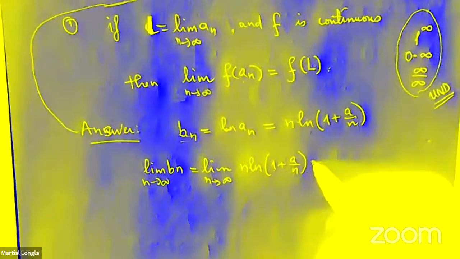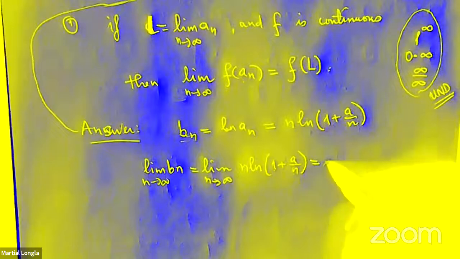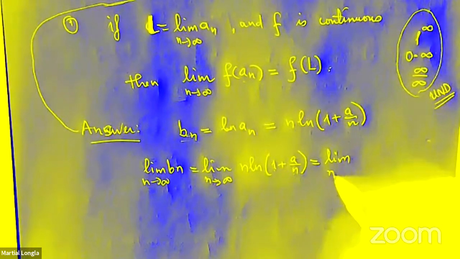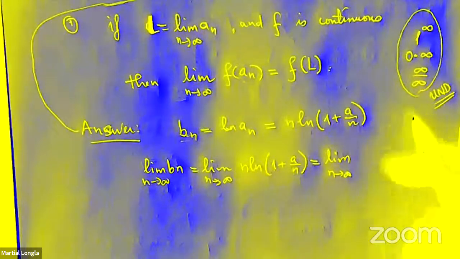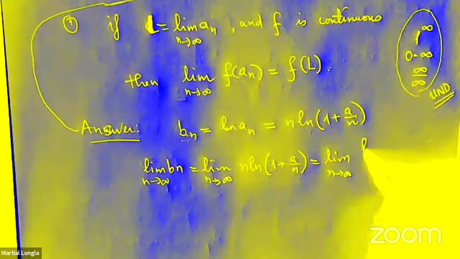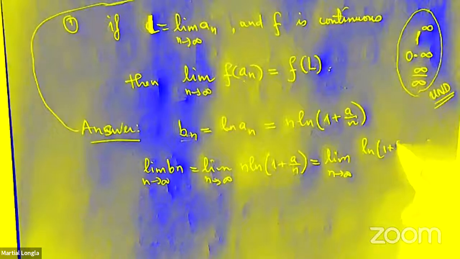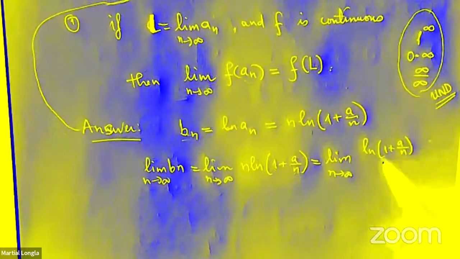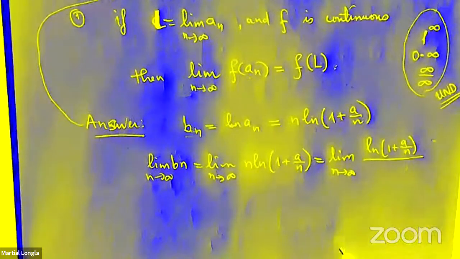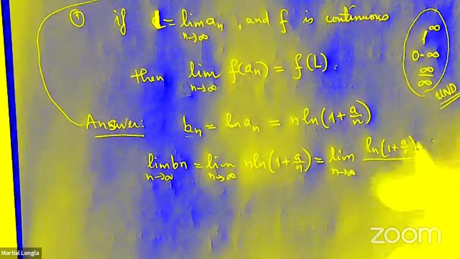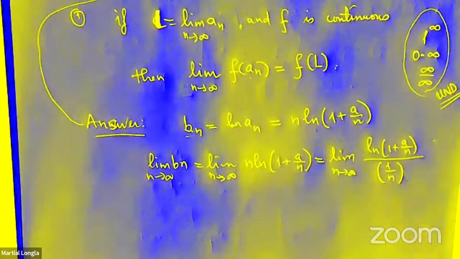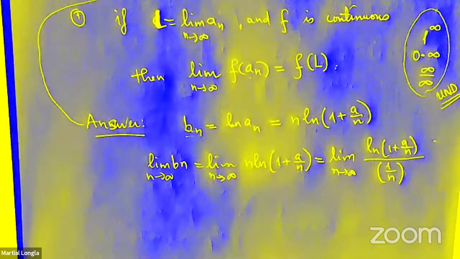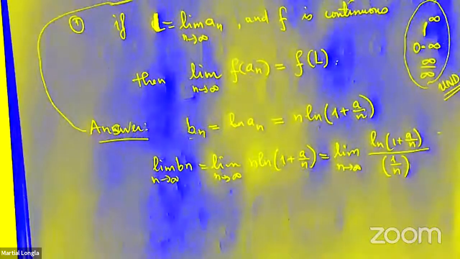So in this case, we are going to say this is the limit as n goes to infinity, and we take this n to the bottom. That's natural log of 1 plus a over n divided by 1 over n. So this is the same as that.